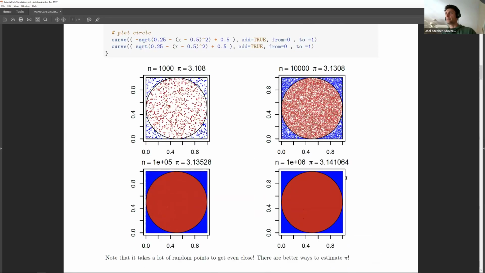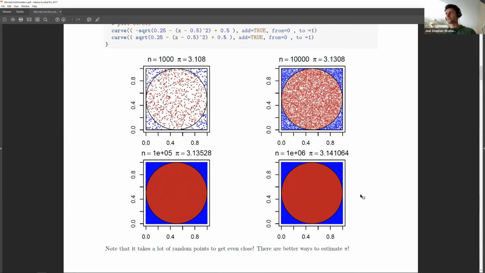So this is what it comes out to be. Here's 1,000 points, 10,000, 100,000, and then 1 million. You can see our estimates of pi, even at 1 million, we're only estimating pi to the nearest thousandth accurately. So this is a pretty crude method, like I said.